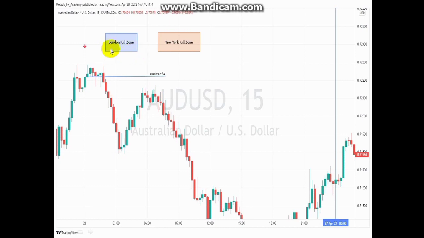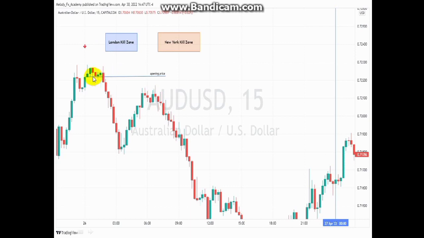So this is my London key zone. This is when I start hunting for my sell entries on my bearish days. I'm looking for a run on liquidity, or I'm looking for a displacement with a break of structure.